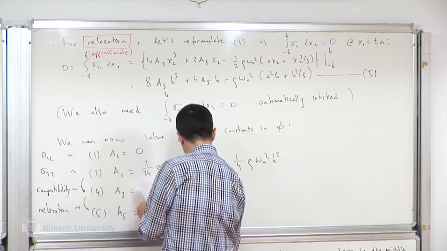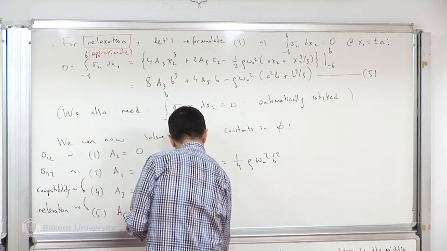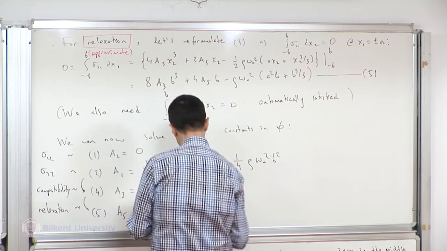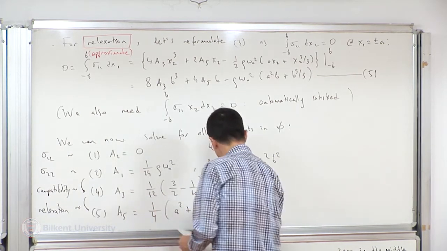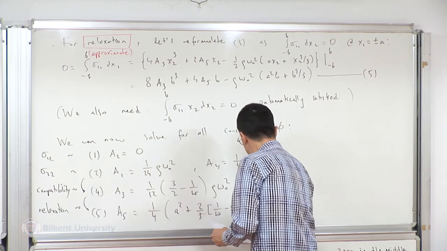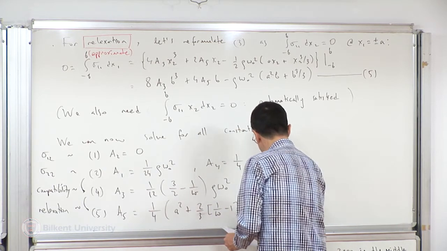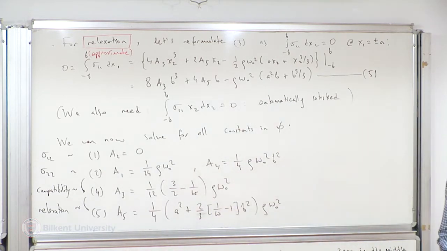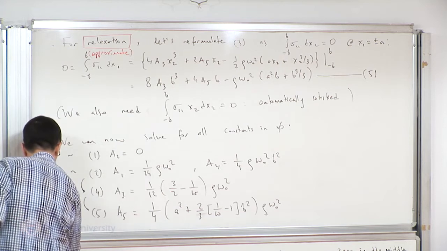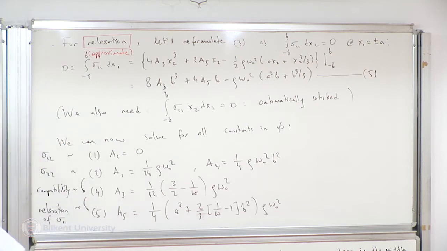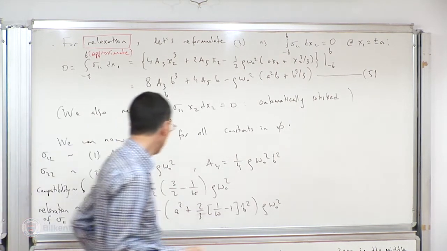I am fairly confident that they are correct, as long as I also write them correctly on the board. Okay, that's A5, which comes from the relaxation of sigma 1,1.